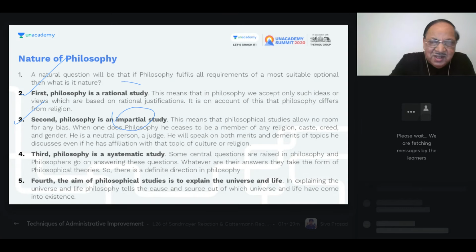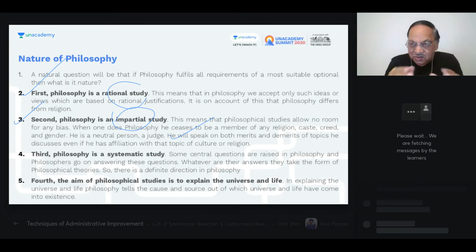The first one is that it is a rational study, no scope for any kind of belief, presupposition, or faith. Everything is based on reason and rational grounds. And the second is that it is an impartial study. You are like a judge when you are speaking on any topic from a philosophical point of view.